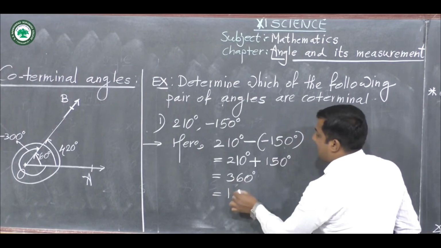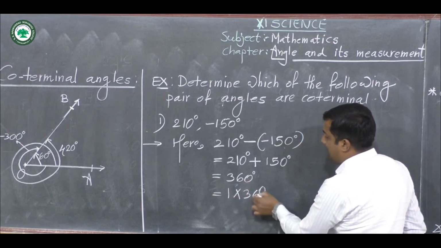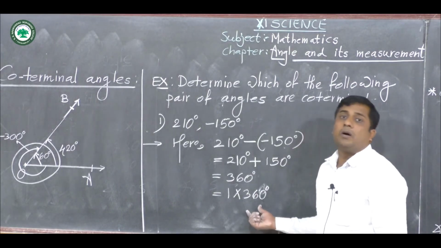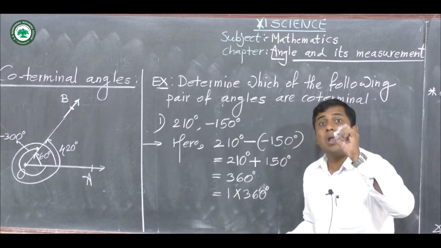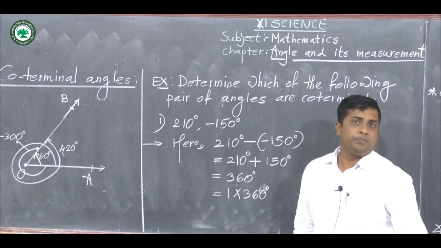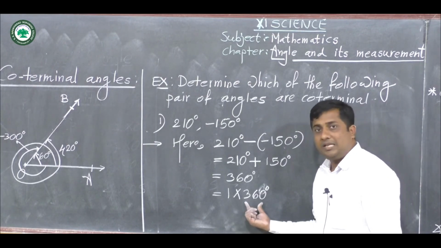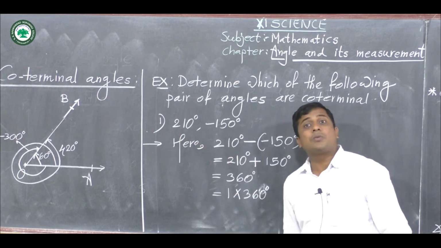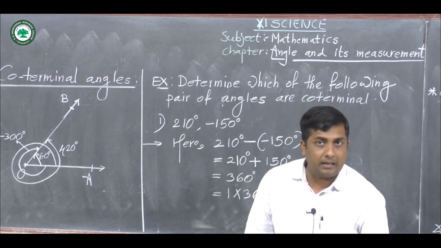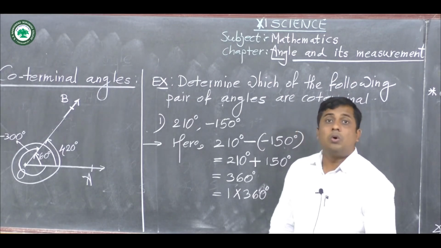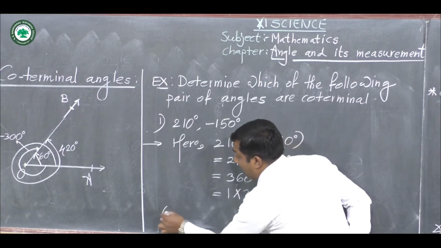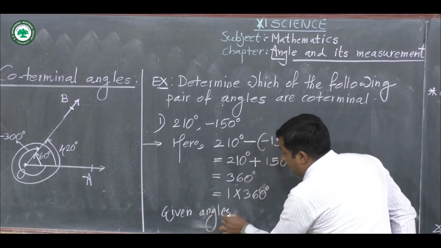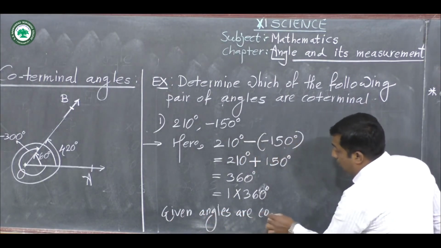I write this 360 as 1 into 360 degrees. So this difference is a multiple of 360 degrees. If we get a multiple of 360 degrees, we say 210 degrees and minus 150 degrees are coterminal. So the given angles are coterminal.